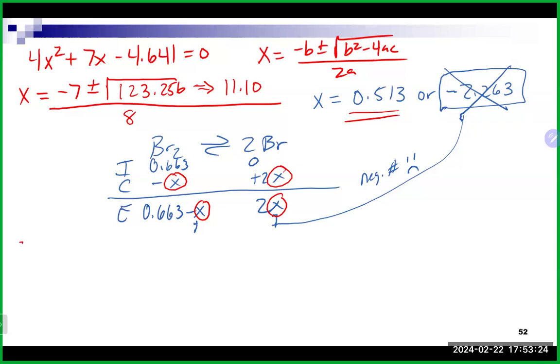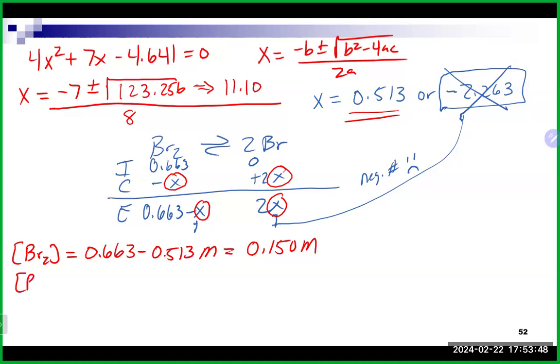So that means that the concentration of Br2 at equilibrium would equal 0.663 molar minus 0.513, and that's going to get me 0.150, I hope.